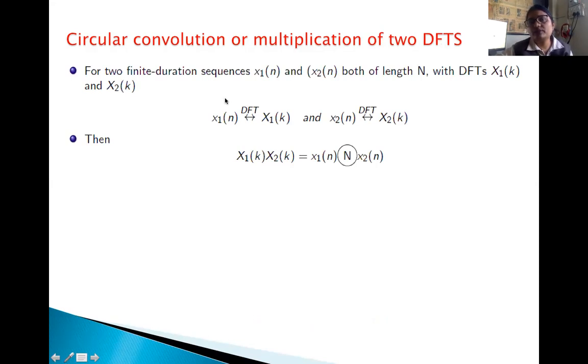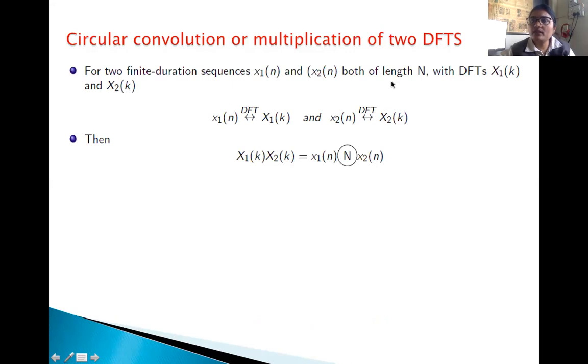For that purpose, let us say there are two finite duration sequences, x1 of n and x2 of n.